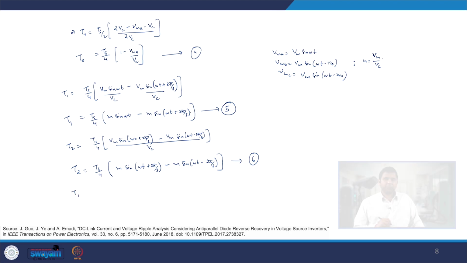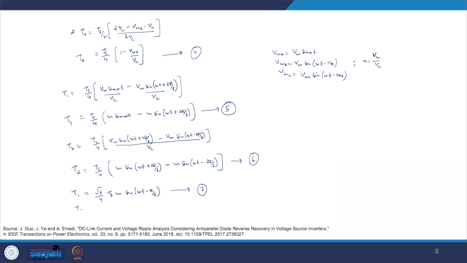We can just open up this sin omega t plus 2 pi by 3, and we can get T1 to be nothing but equal to root 3 by 4 of Ts m sin omega t minus pi by 6. We can define it as 7.